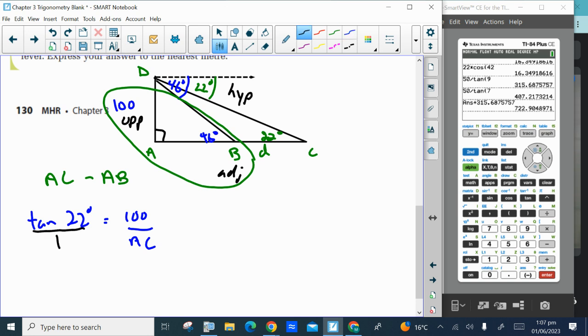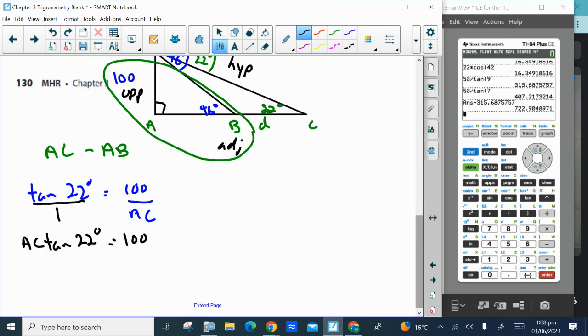Make the left side a fraction, cross multiply. And then we have to divide both sides by tan of 22 to get AC by itself.